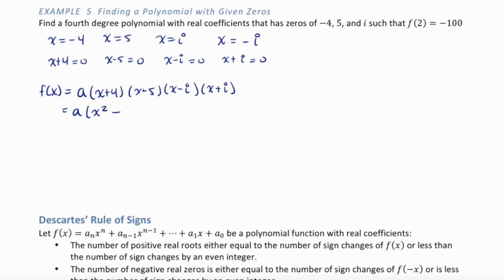Oops, there's a typo here, pardon me. X minus 5. So we have x squared minus x minus 20 times x squared plus 1, which works out to be a times x to the 4th minus x cubed minus 19x squared minus x minus 20.